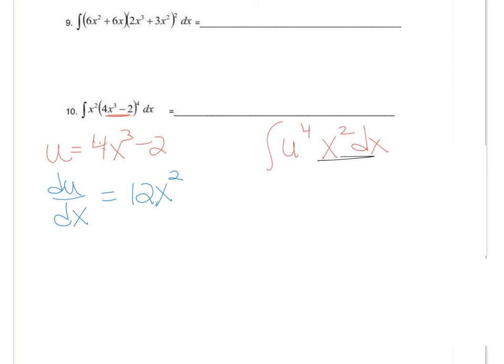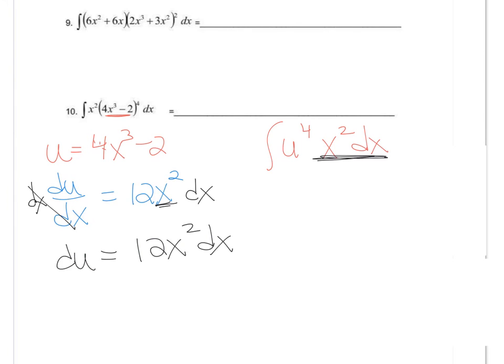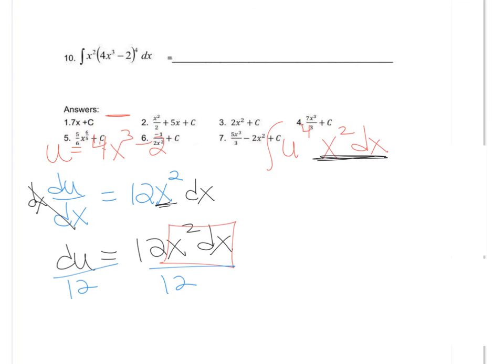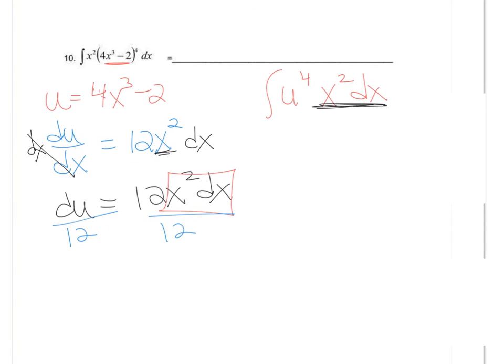And I notice from the x squared dx, I have the x squared. So we can multiply the dx to the right-hand side. But I only want to match x squared dx. So we're going to divide both sides by 12. So we get du over 12 is x squared dx.